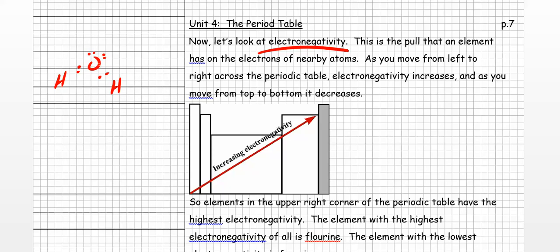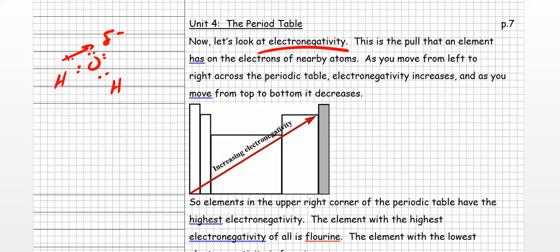In other words, oxygen pulls electrons from nearby atoms more tightly than hydrogen. We use the symbol for electronegativity, what I've just shown, and so we say that oxygen has a greater electronegativity. Sometimes people write a little arrow with a kind of tail just like that to show that. So oxygen is more electronegative than hydrogen.